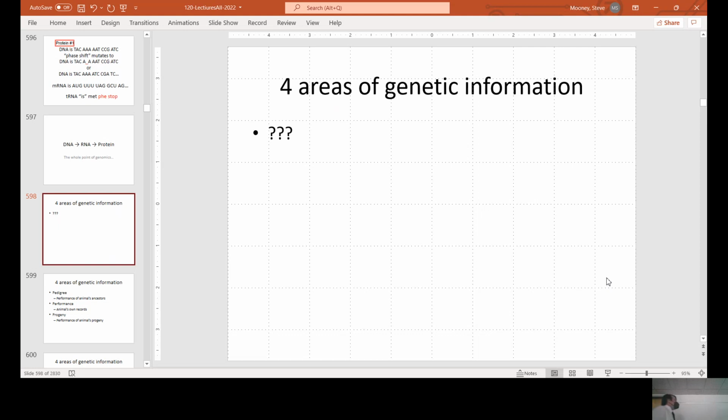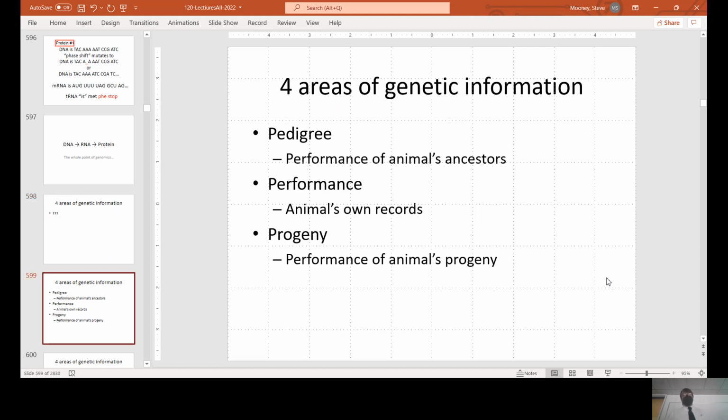So we're thinking about the history of genetics and genetic information. We look to 4 different ways of looking at things. We have the pedigree of an animal. We look at the animal's ancestors and try to interpret what the genetics are for that animal.